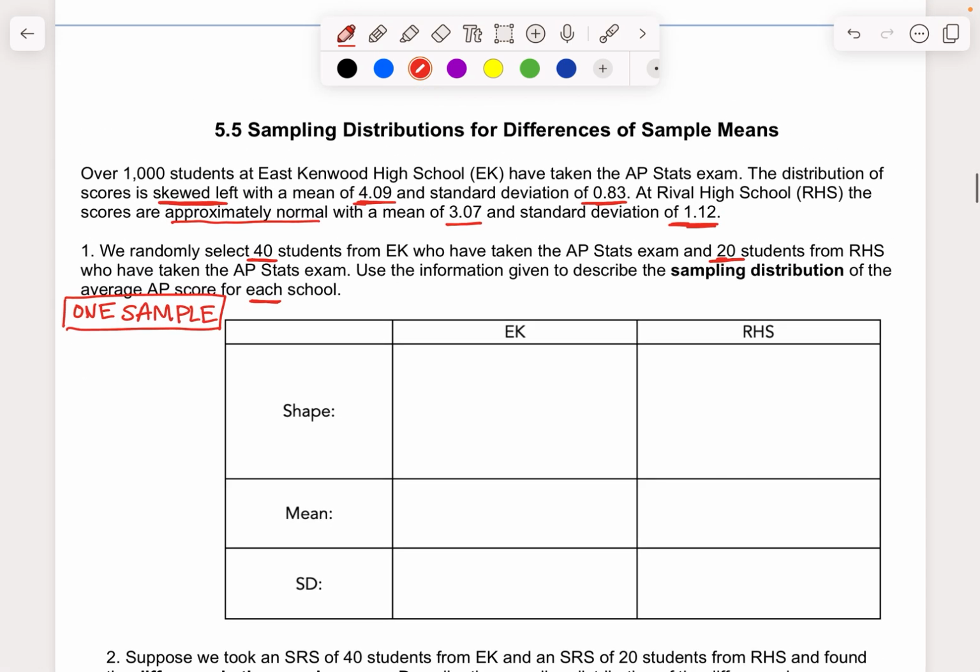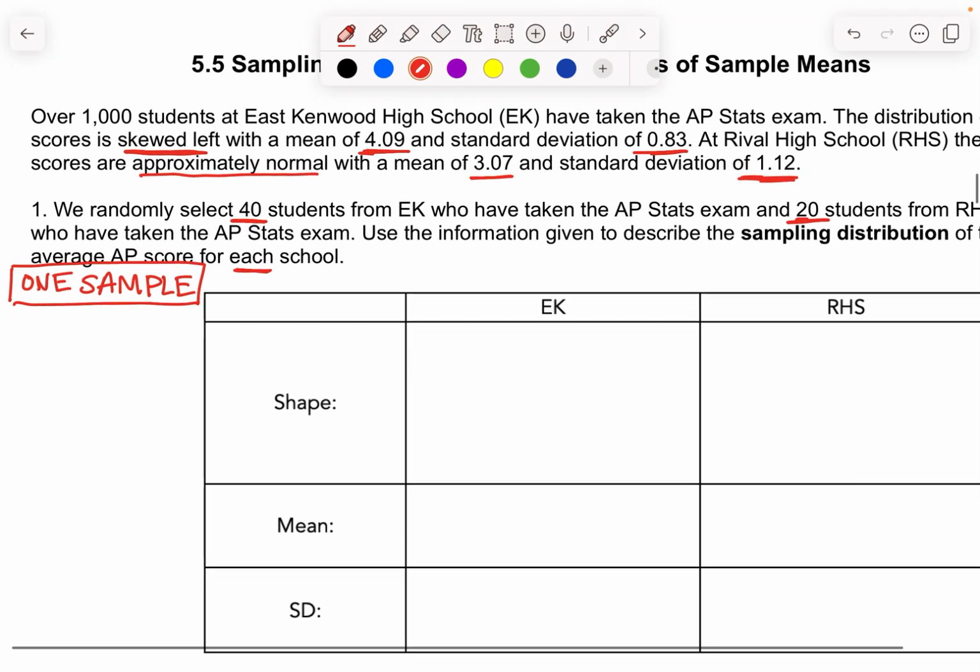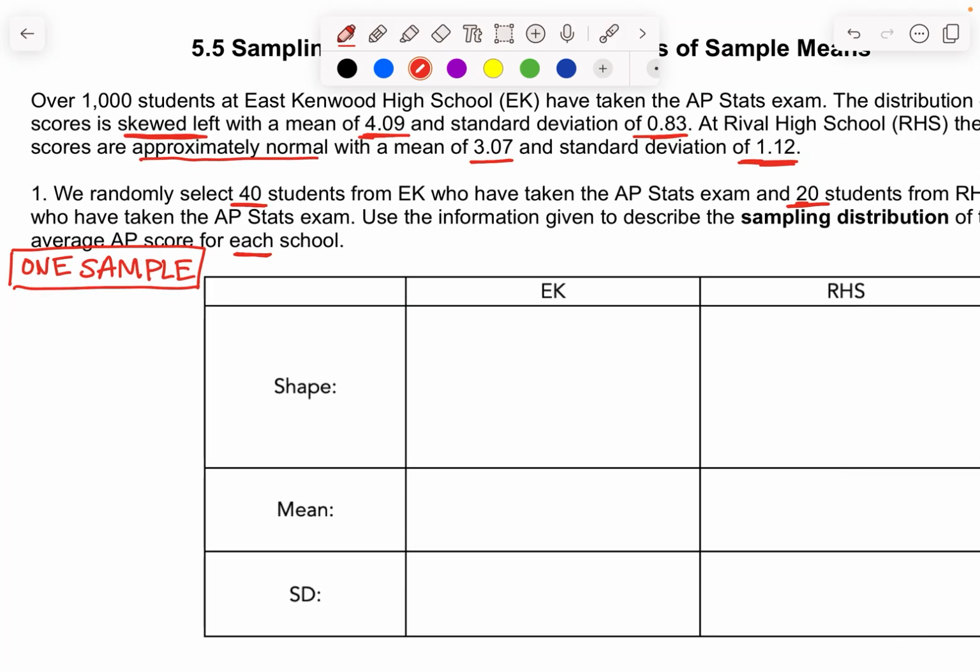And what do we know to help us determine the shape, mean, and the standard deviation for each of these subpopulations? Well, we know that the shape is going to be approximately normal if one of two things is true.